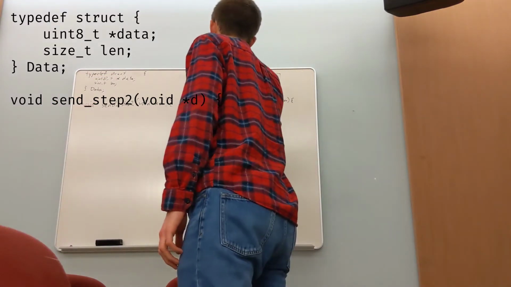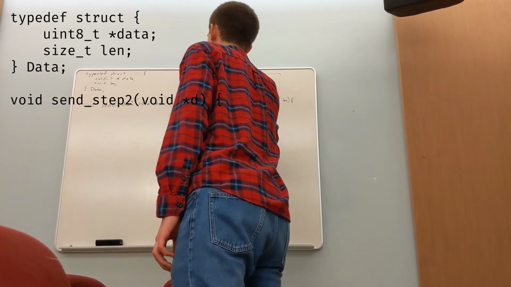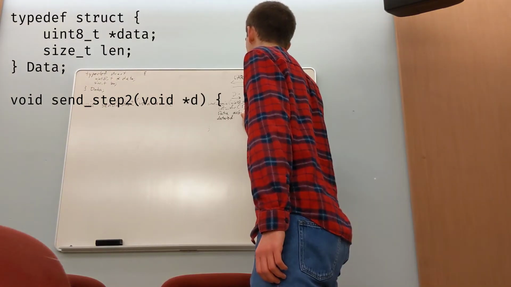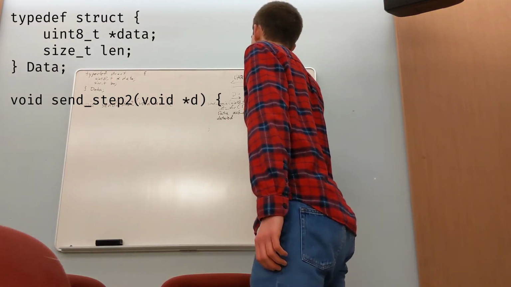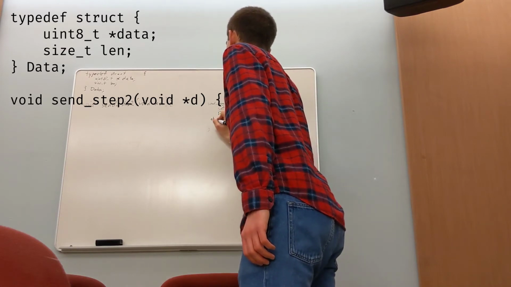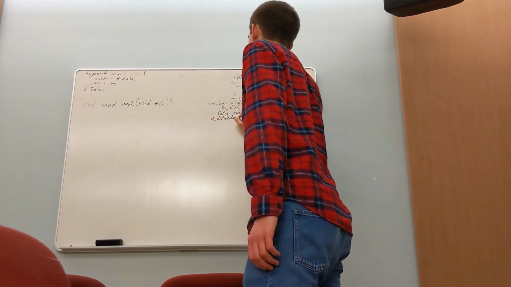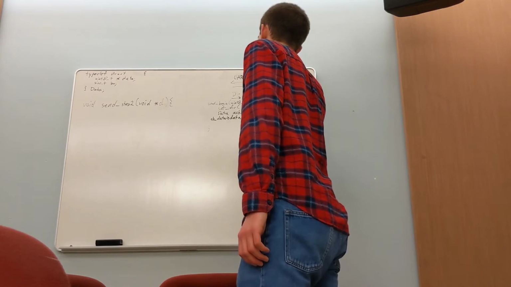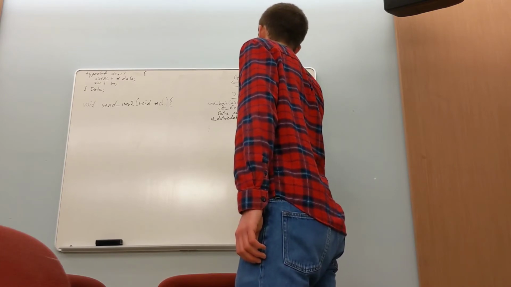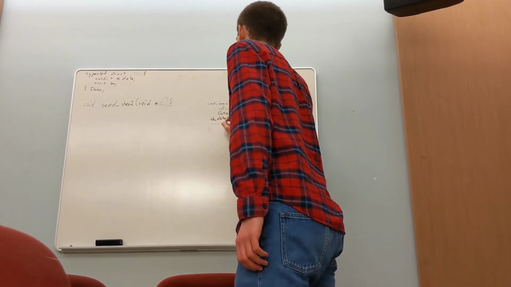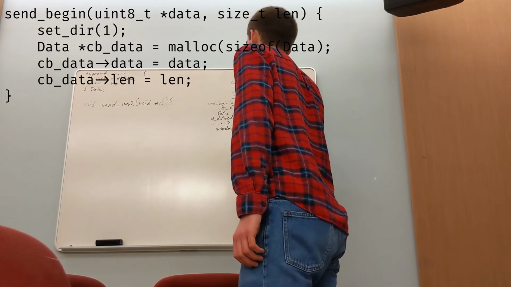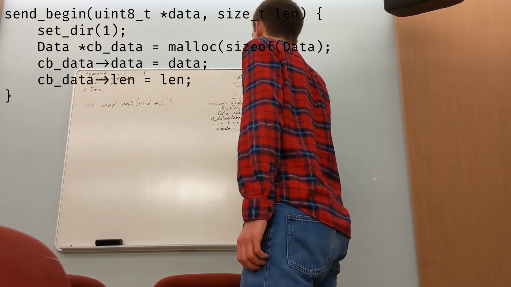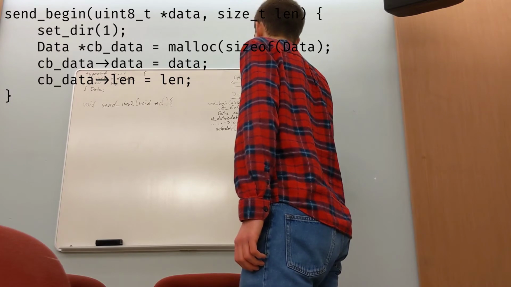And then over here, we do our whole malloc thing, maybe cb for callback underscore data. So cb underscore data, we copy the parameter in, and the other parameter, the scheduling, send step 2.